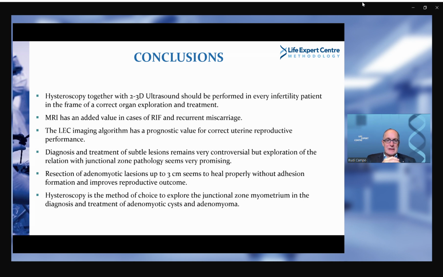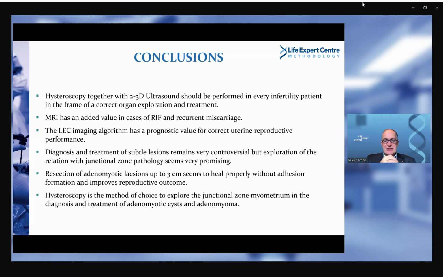MRI has, for research purposes, an enormous added value. The algorithm is further worked out, and I think Stefan will publish the results, that with the 3 exams you really have a prognostic message for the patient.